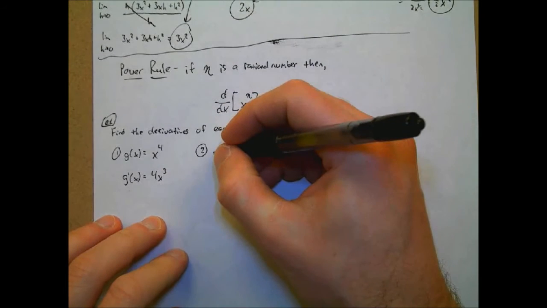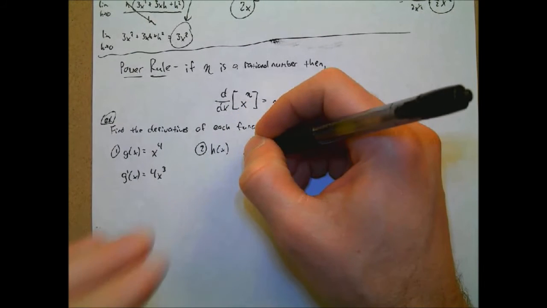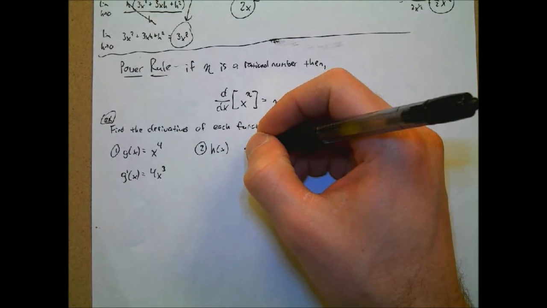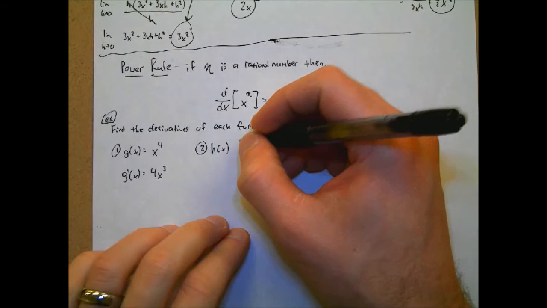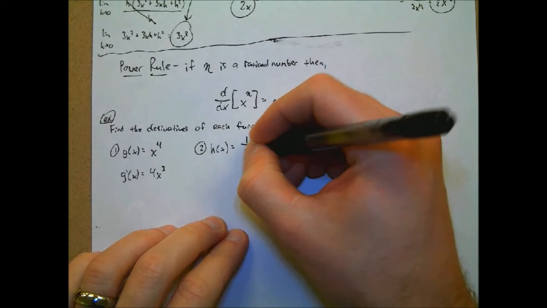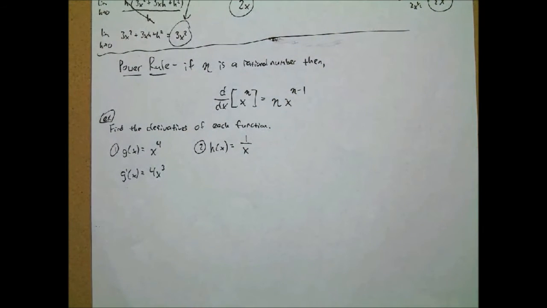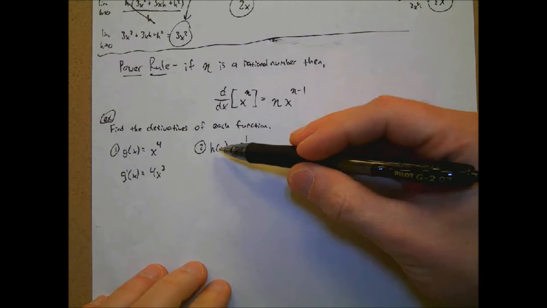Let's try another one. Sometimes we may have to rewrite our function so that it's in the appropriate format. For example, the derivative of h of x. We're trying to find, if h of x is 1 over x, what's the derivative of that, right?